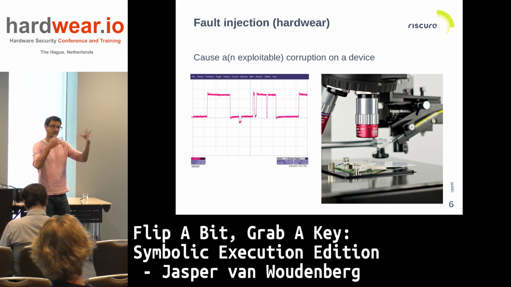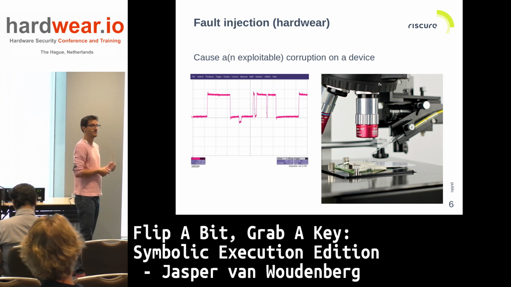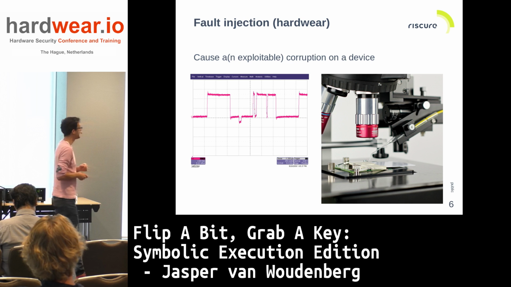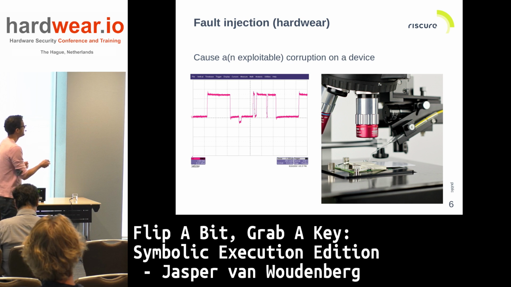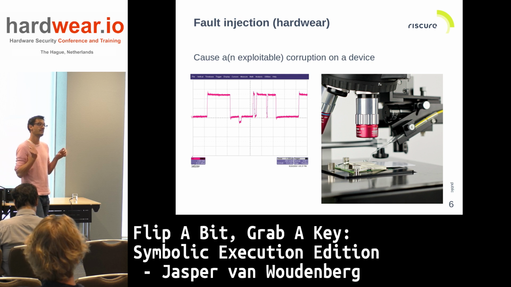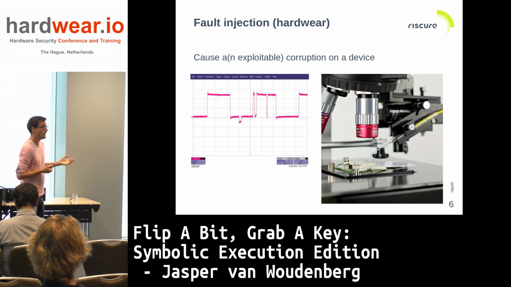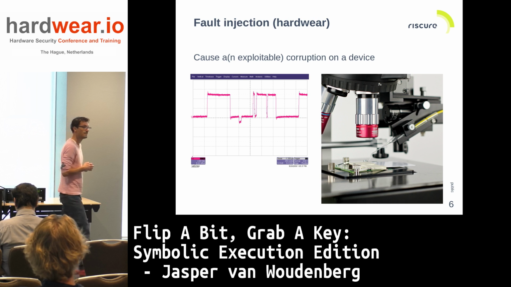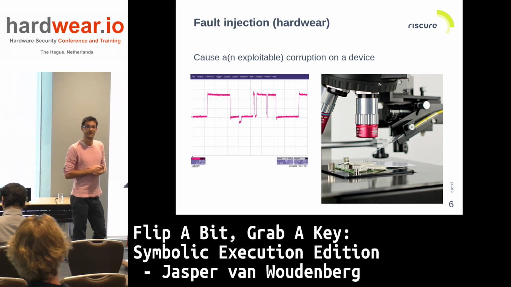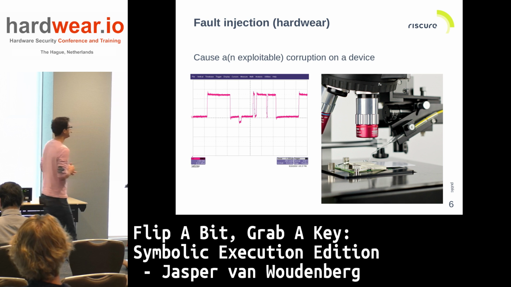I control the electromagnetic fields around the chip, so I can inject pulses. Or if you look at this picture to the right, if I decap the chip, I can actually hit it with a laser beam. All these techniques have proven to cause faults on a chip. And faults obviously give the security problems that I talked about before.